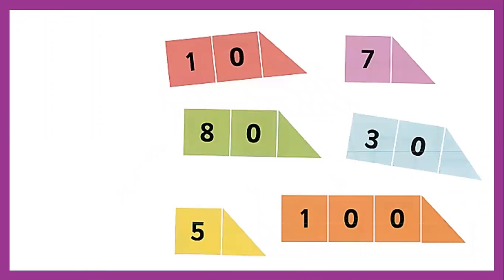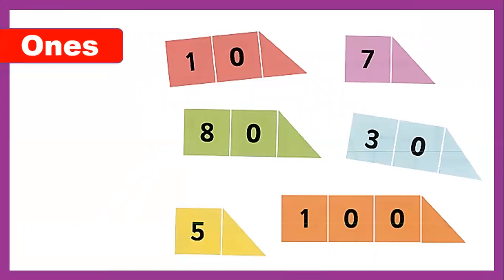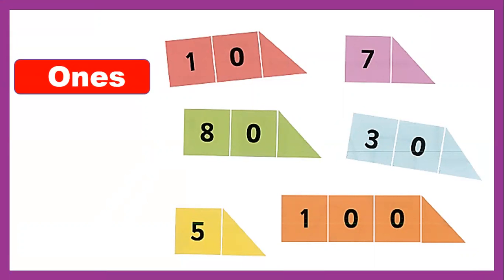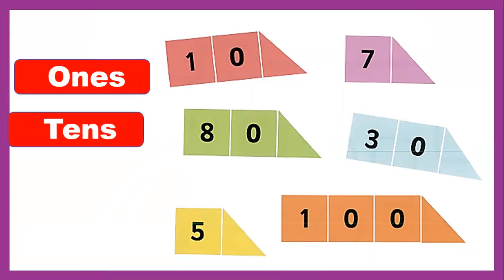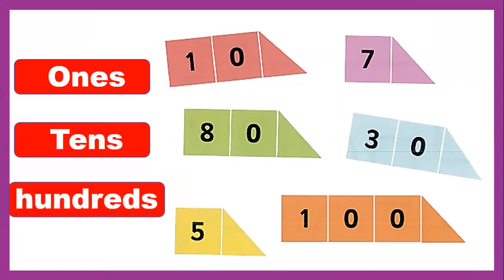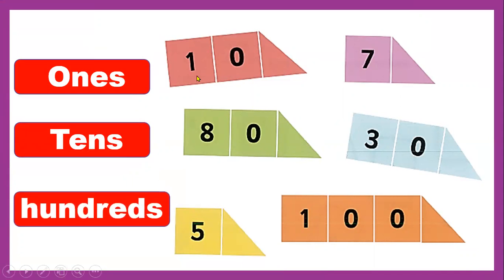Now here we have different questions from the learner's book. We have 10, 7, 80, 30, 5, and 100. You have to find out ones, tens, and hundreds. Look at the 10. We have 0 ones and 1 tens. Look at the 7.